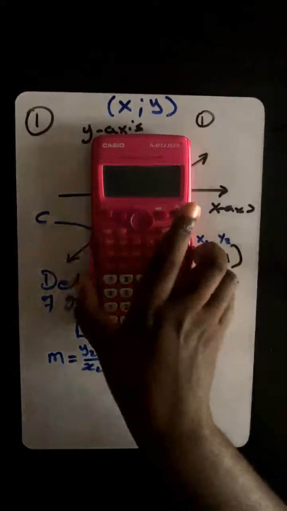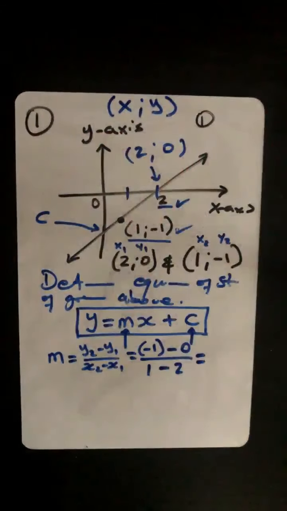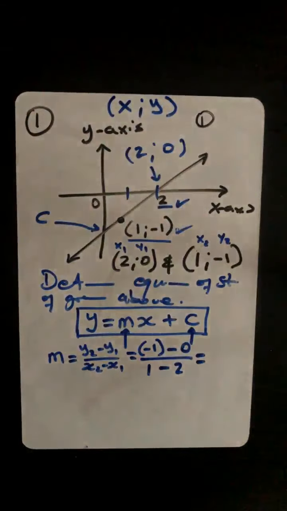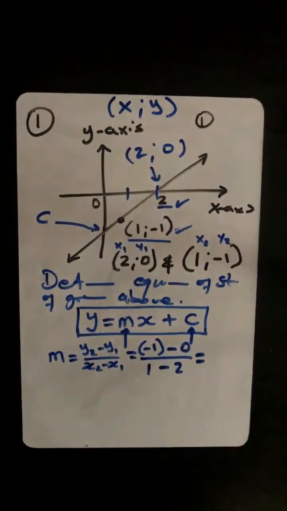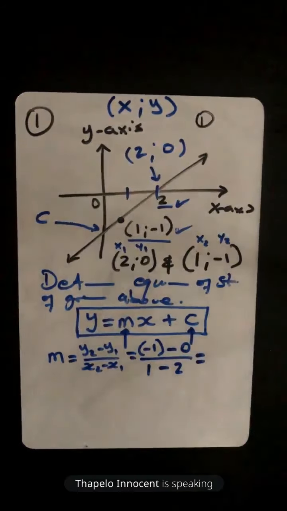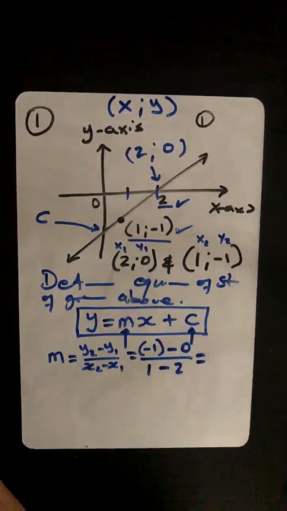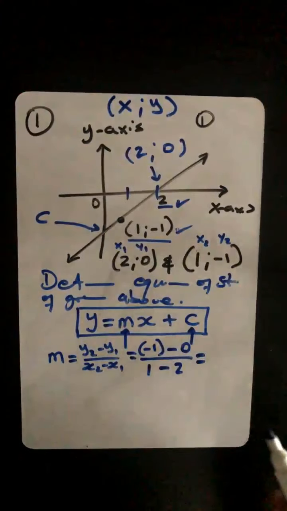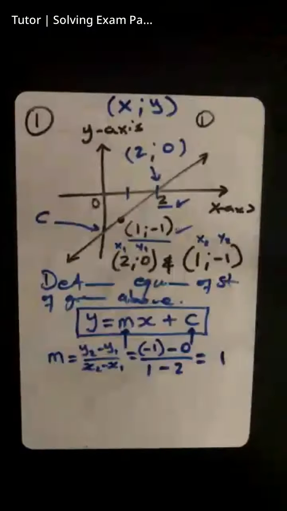Okay, so guys, what are you getting as your gradient? It's 1. 100%. So I'm also getting 1 as the gradient.